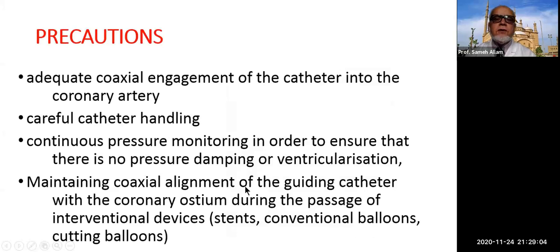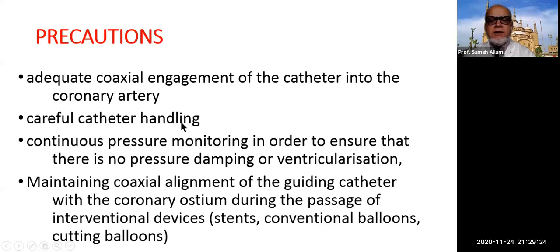To avoid the occurrence of a major dissection or flow limiting dissection, there are certain precautions we have to take care of. Adequate coaxial engagement of the catheter into the coronary artery is important.